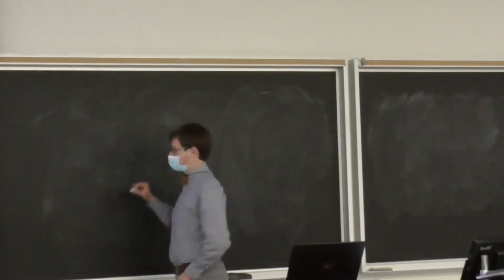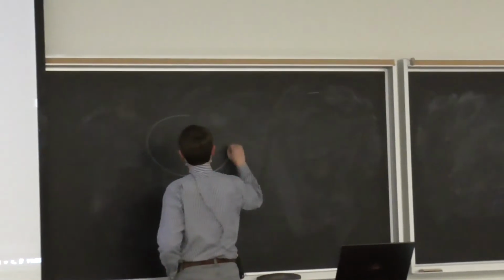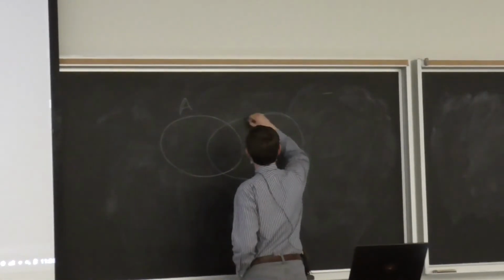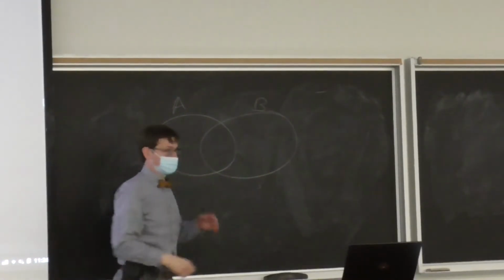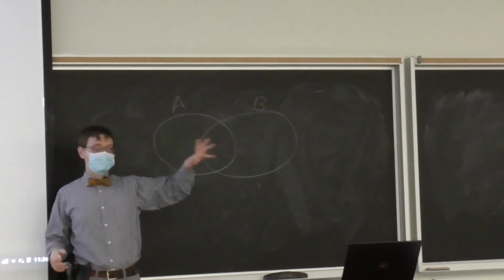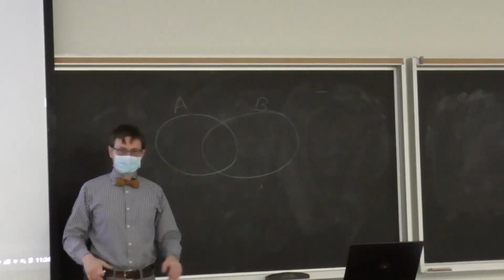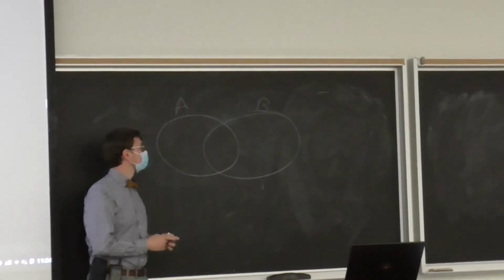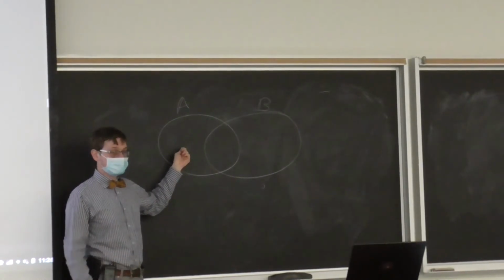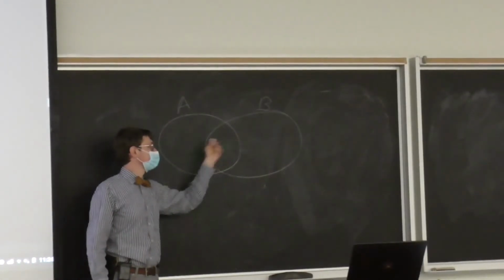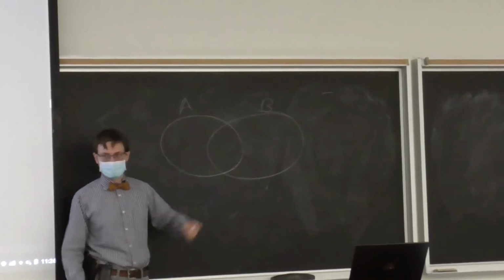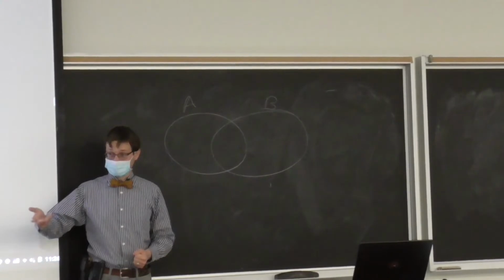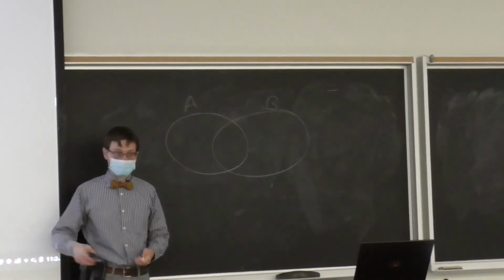So, let's imagine we have a set A and we have a set B. This is going to rely on the idea that you can tell if two elements of a set are the same element. Some of the elements in B and A are the same. So we say that there is a non-zero intersection of these two sets, right?